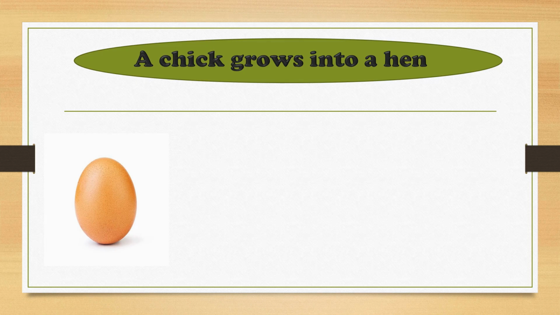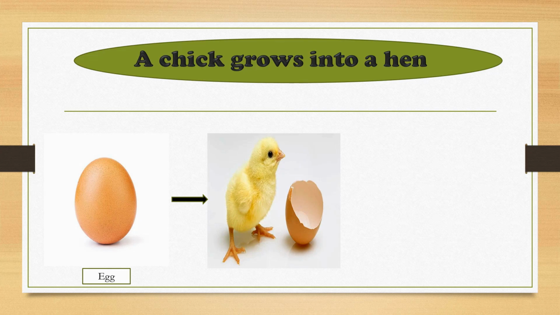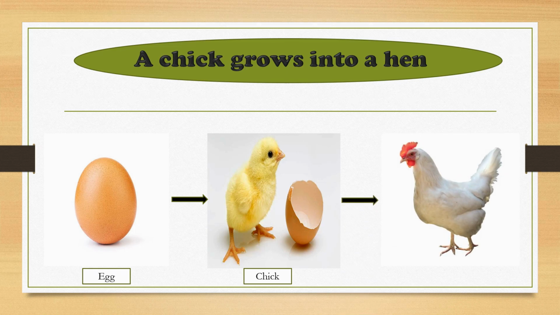Well, first you can see an egg. The egg gets hatched and then comes a chick. This chick grows into a hen or a cock.